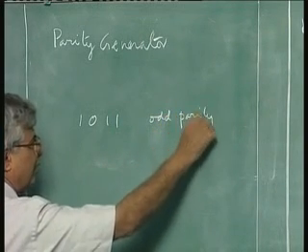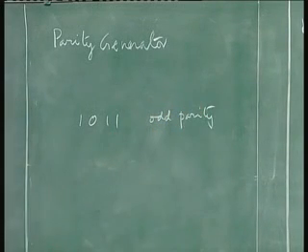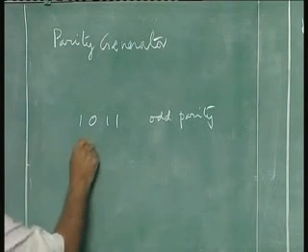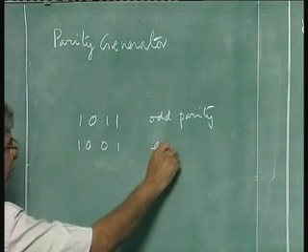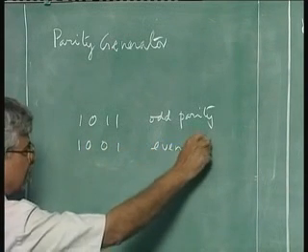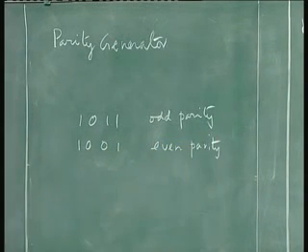The number of ones in the bit stream I am talking about, the 4 bit stream, is odd, I'll call it odd parity. If on the other hand it is 1 0 0 1, it's called even parity. If the number of ones is odd, it's called odd parity in a given bit stream.